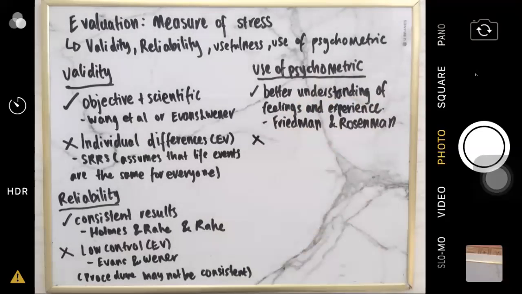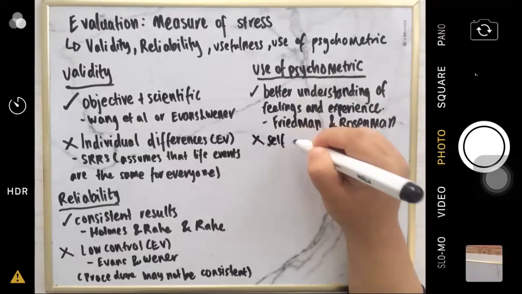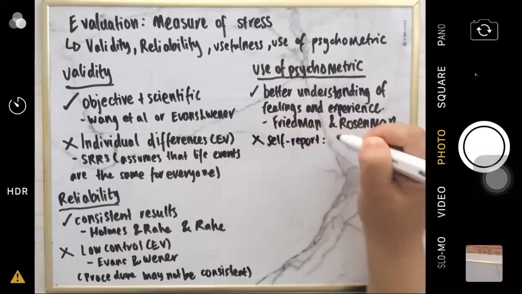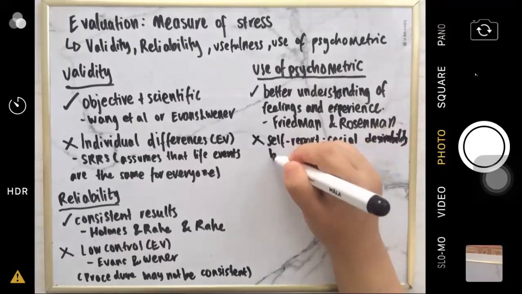The only downside is if you use psychometric tests with self-report. What's the disadvantage of self-report, guys? Demand characteristics, social desirability.